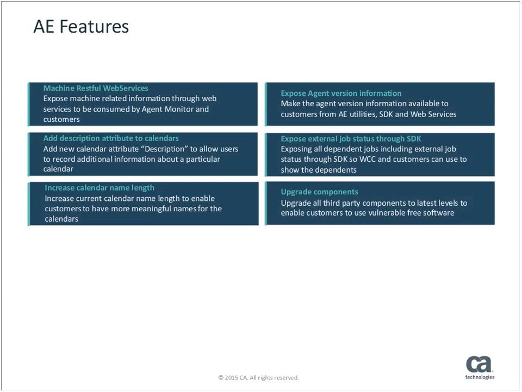The second one was that there are a lot of customers who are providing their ideas on ideation, and a lot of customers are approving those ideas. So we picked some of the ideas voted for by different customers, and those are part of SP2: expose agent version information, add description attribute to calendar, and increase calendar name length.